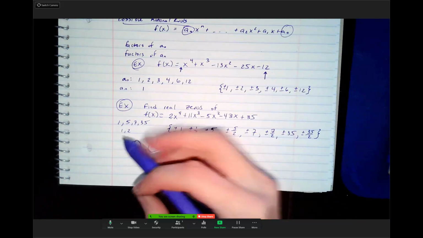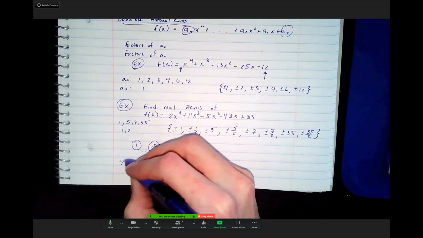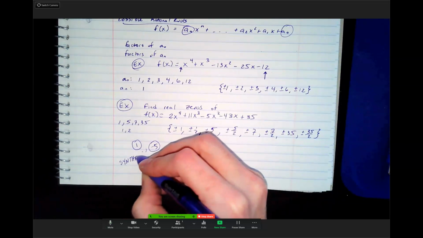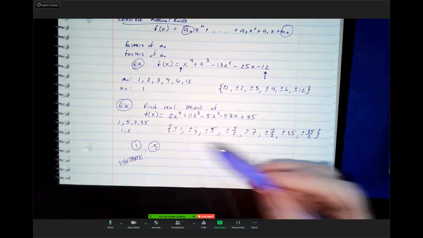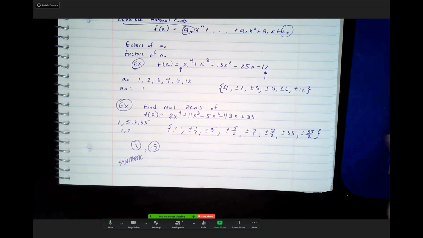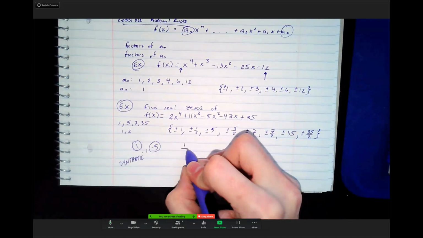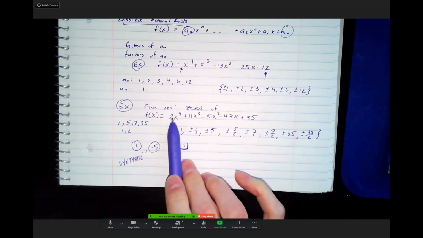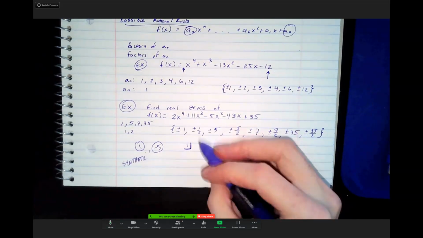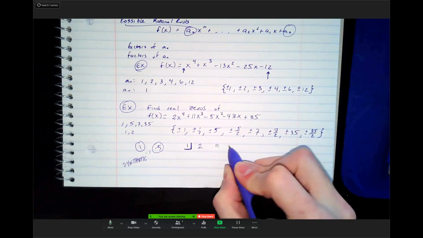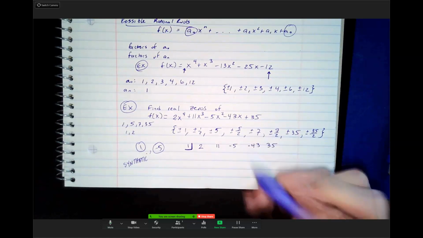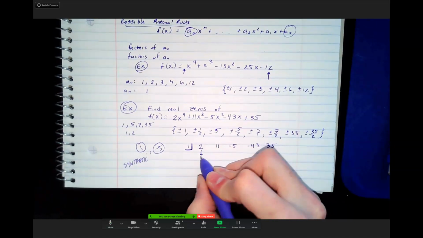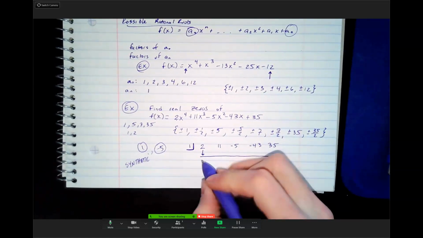And what do I do when I say factor out? We're going to do synthetic division. So I'm going to take 1. Doesn't matter which one you start with. You'll end up in the same place regardless. But I'm going to take 1. How you do synthetic division, you take all of the coefficients from the polynomial: 2, 11, -5, -43, and 35. How this works, you always drop the first number.